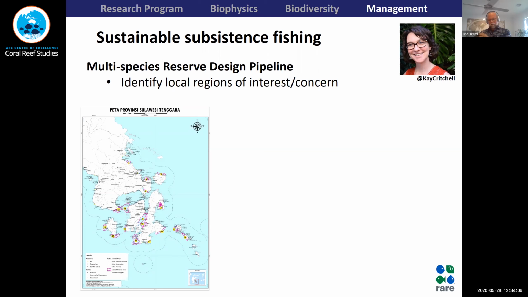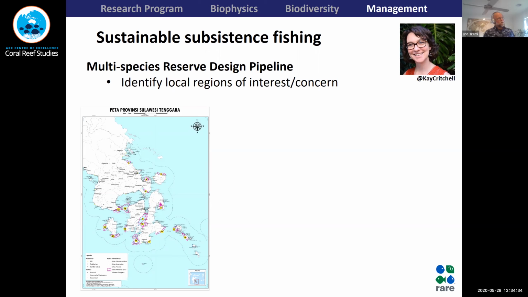So it's bringing scientists together with local communities to get some good conservation and management outcomes, perhaps not necessarily for biodiversity, perhaps more for fishing persistence for many generations. And this is just an example from Southeast Sulawesi. And a lot of this work, the vast majority of this work has been done by my postdoc, Kay Critchell.